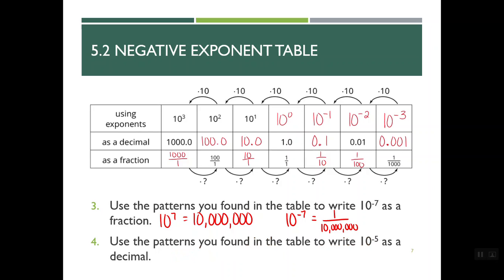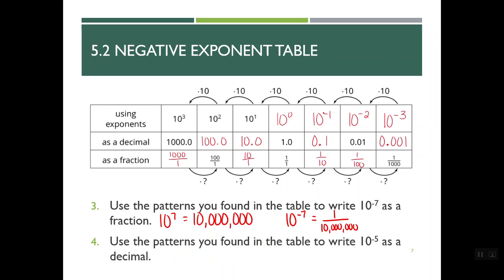The next question we want to answer is, again, using the same patterns we found in the table. Now we want to write 10 to the negative 5th as a decimal. So this one's a little trickier, but not quite. So we're going to go from a counting zeros standpoint.